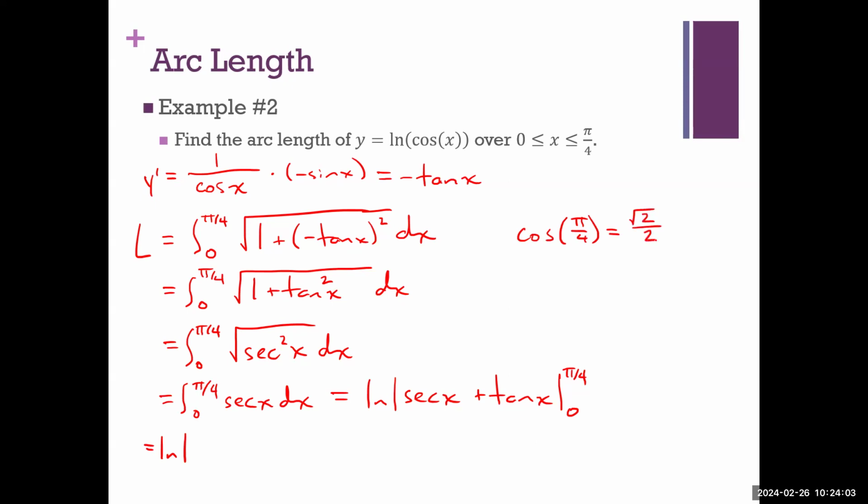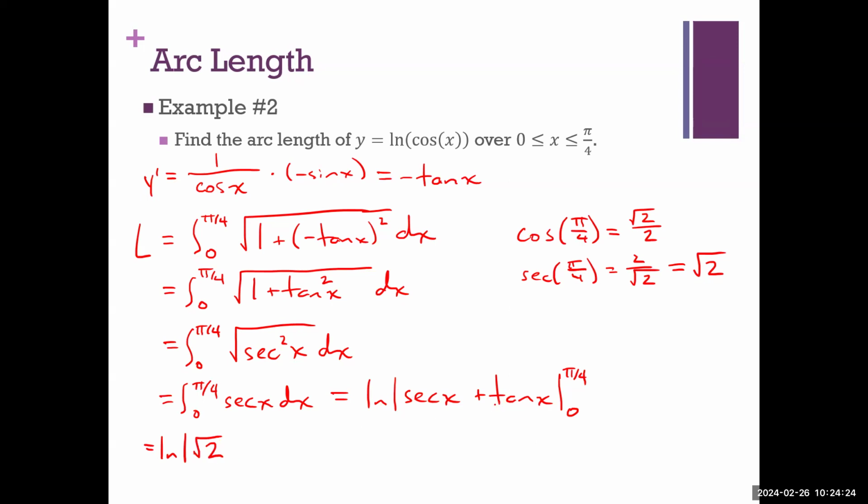Square root of 2 over 2. So I believe the secant of that is equal to 2 over radical 2, right? Which is equal to radical 2. So I should get the natural log of radical 2.